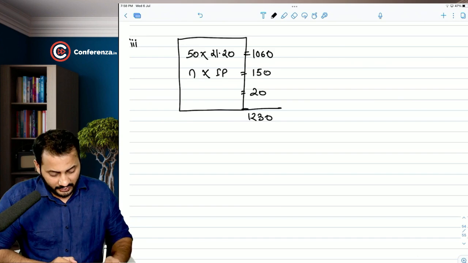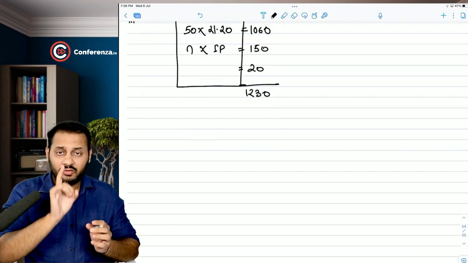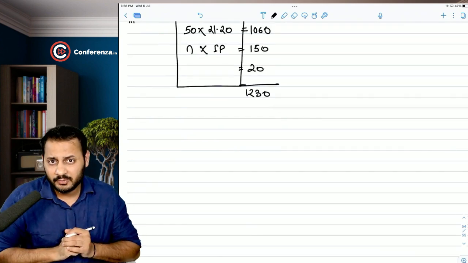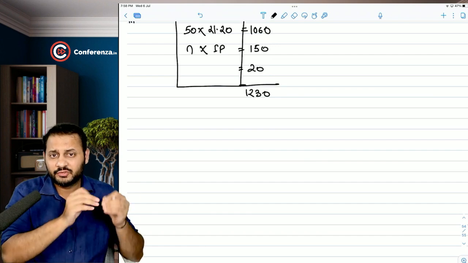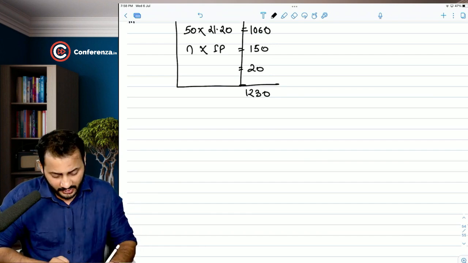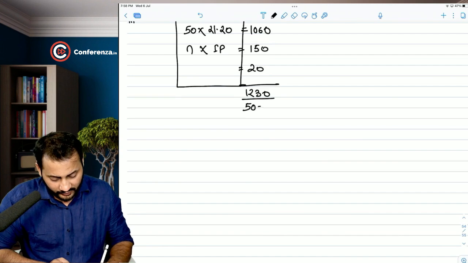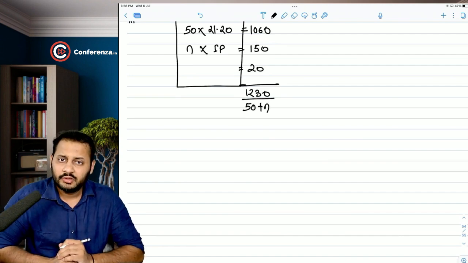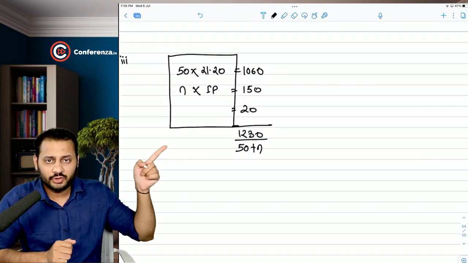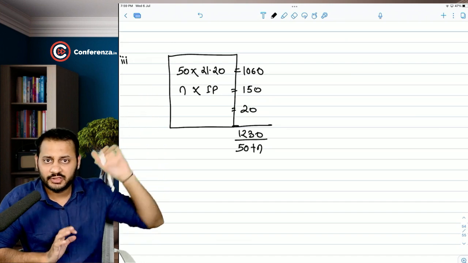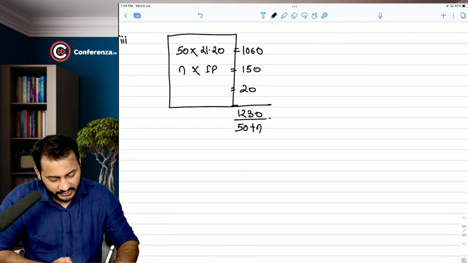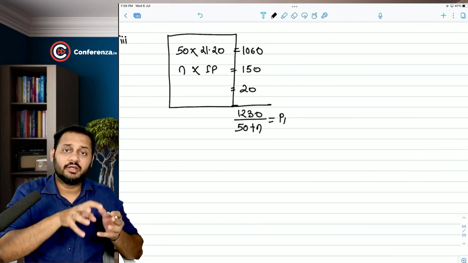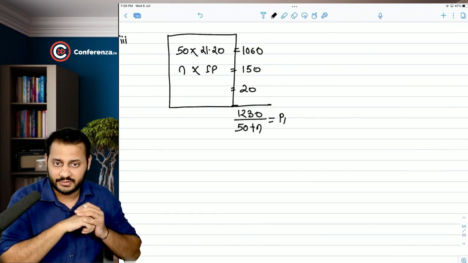Now, after all this, what will be the market price of the shares of the company? 1230 divided by 50 plus N. Do you agree? Because total market value is 1230 and the total number of shares is 50 plus N. Let's say this is P1, the after-issue market price.